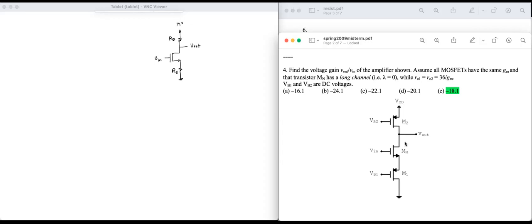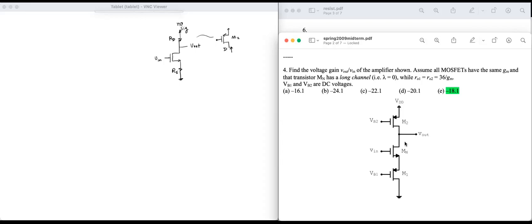And no signal here. This is the supply. So how are RD and RS implemented as MOSFETs? RD is really M2. RD is the resistance seen looking into the drain of M2.